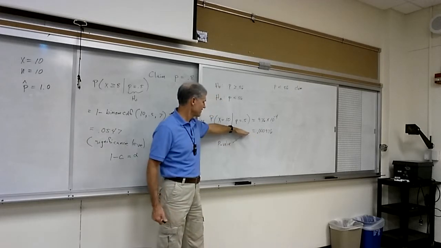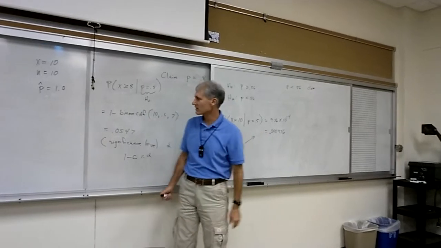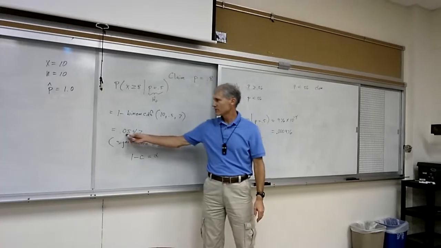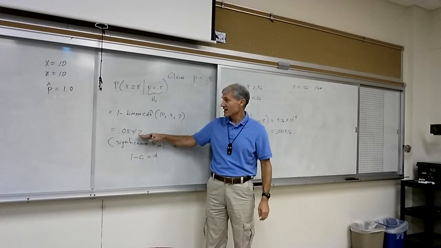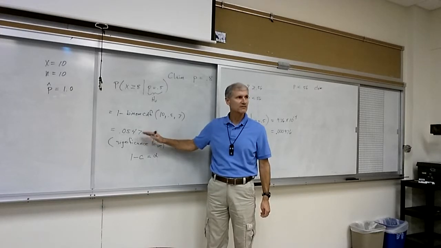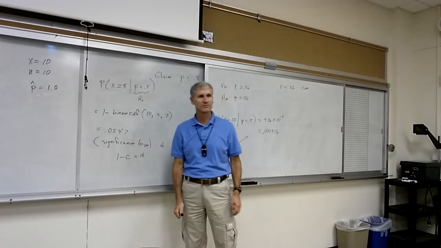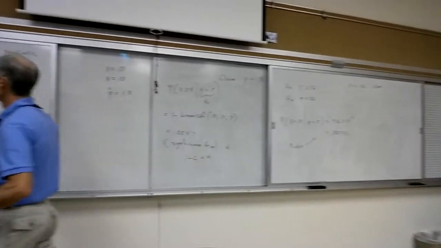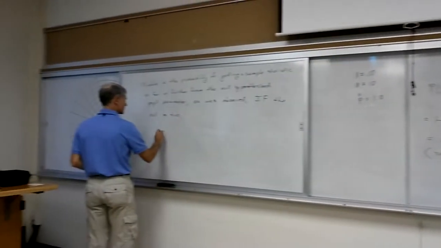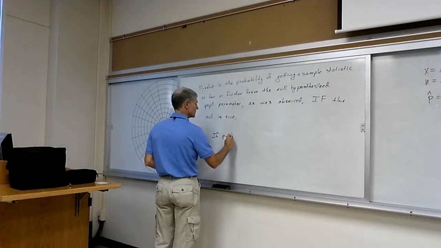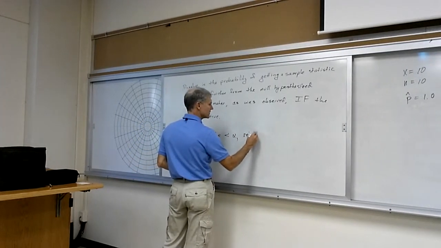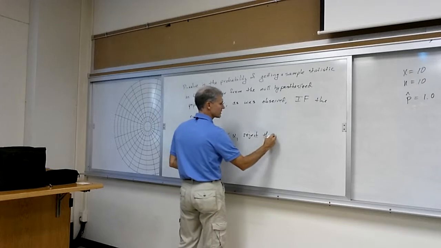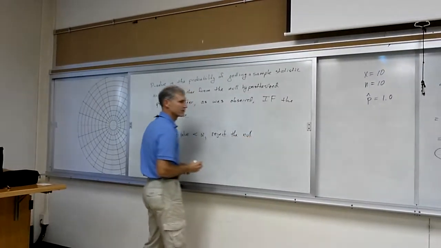So then we take the p-value, we compare it to our significance level, 0.05, and say, well, it's even less likely than this 95% confidence would tell us, so we're going to reject the null. So if the p-value is less than alpha, reject the null.